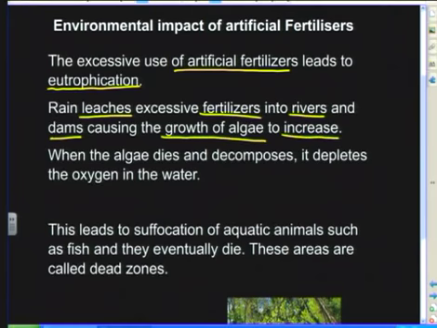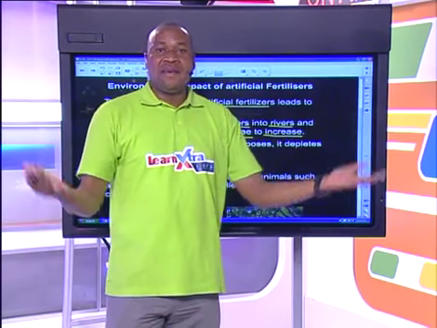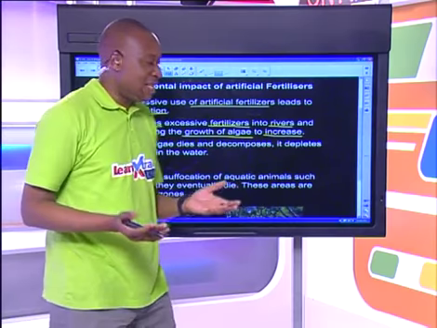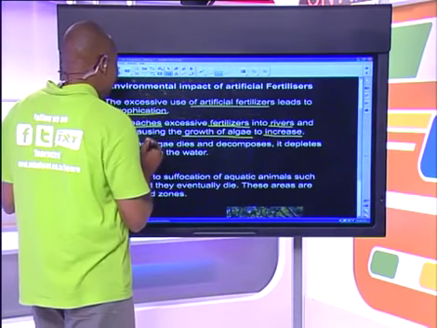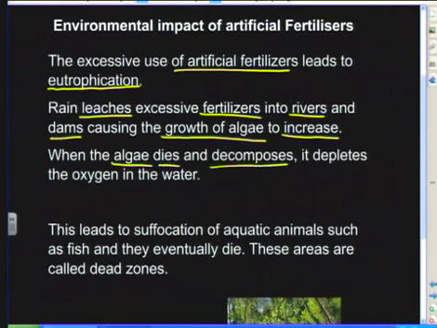So you've got too much of this algae in the dams and rivers, okay? Blooming. I think you have seen this before. And when that happens, the algae, when it dies, it decomposes and it depletes the oxygen inside the water.